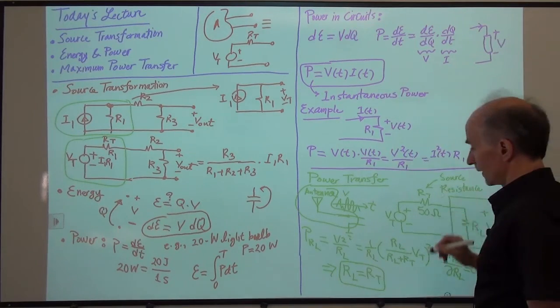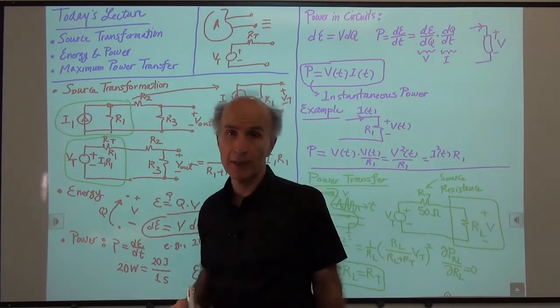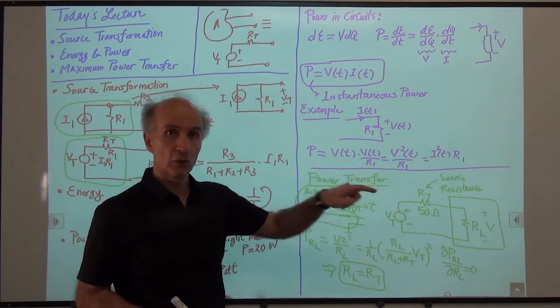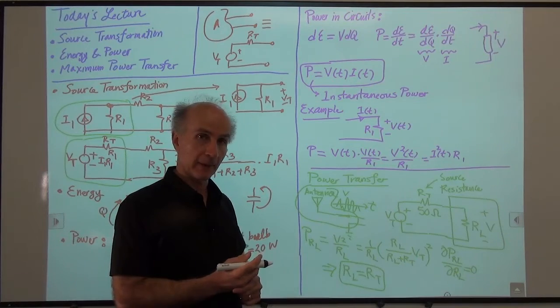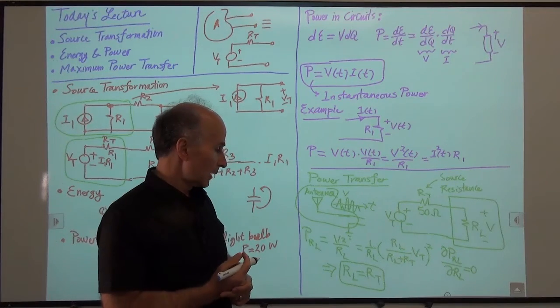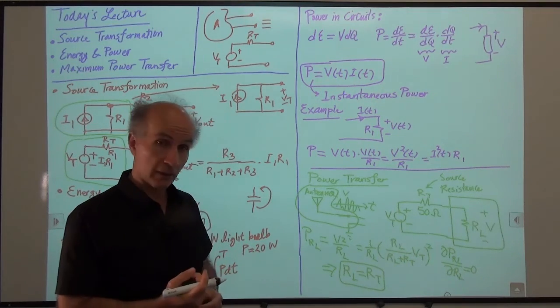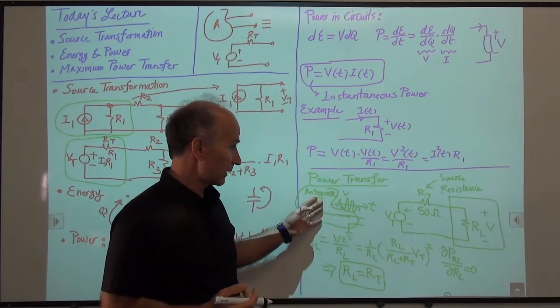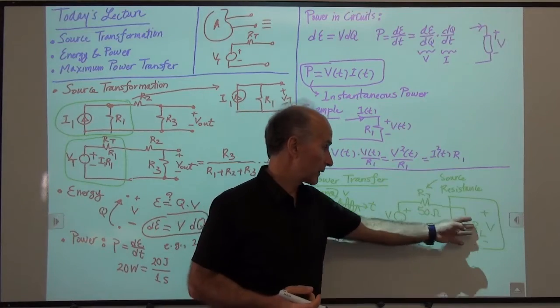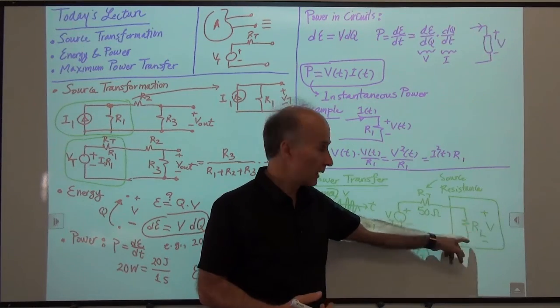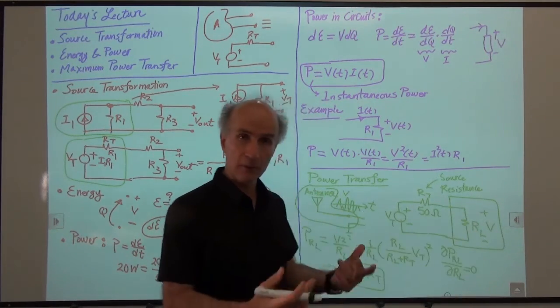So in other words, for maximum power transfer, we want the load resistance to be equal to the source resistance, right? That's when that happens. So that's something that, for example, we can try to do. If you have an antenna here, the antenna has a 50 ohm source resistance, and we want to connect it to something else to deliver maximum power, then we have to choose this to be also 50 ohms.